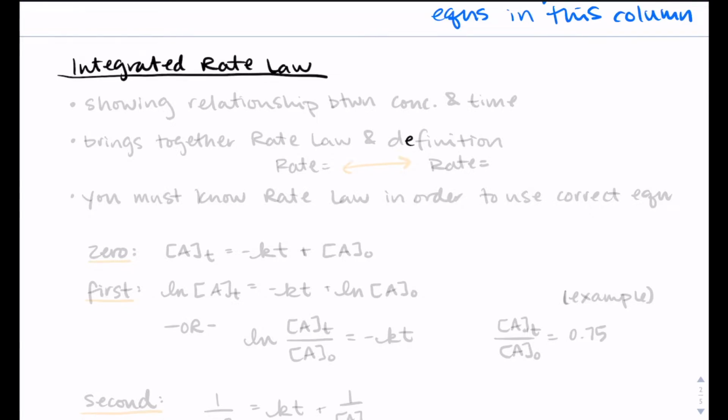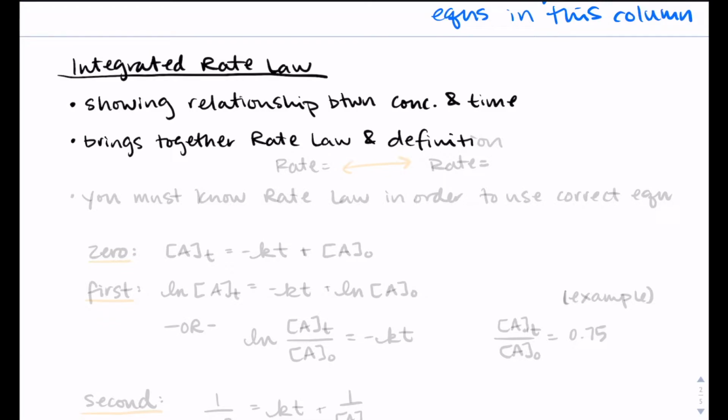Okay, integrated rate law. Now we're going to show a relationship between concentration and time. As I mentioned, it brings together the rate law and the definition because they're both the rate. So they are set equal to each other and then integrated.